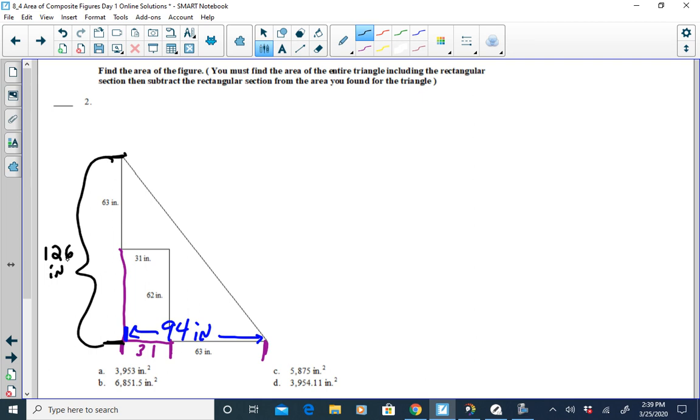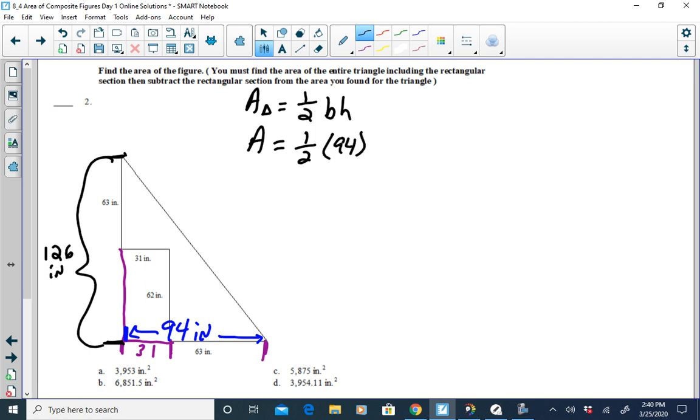So let's start with the area of the triangle. I'm just going to abbreviate it this way. Area of the triangle is equal to 1/2 base times height. Same formula we're used to using. So the area is going to be equal to 1/2, your base is 94, your height is 126.